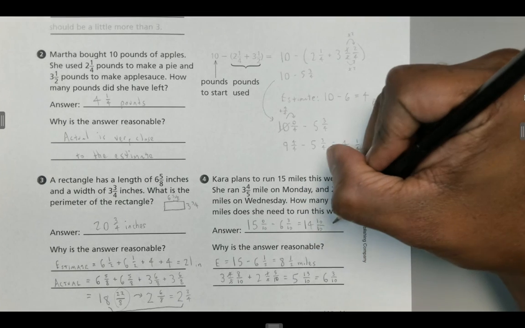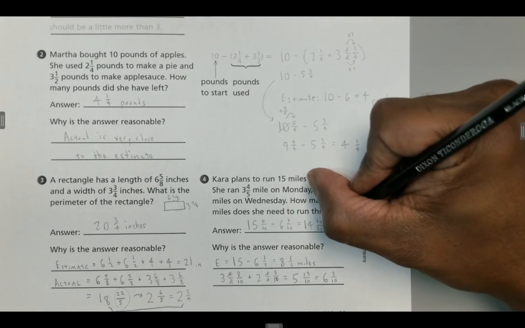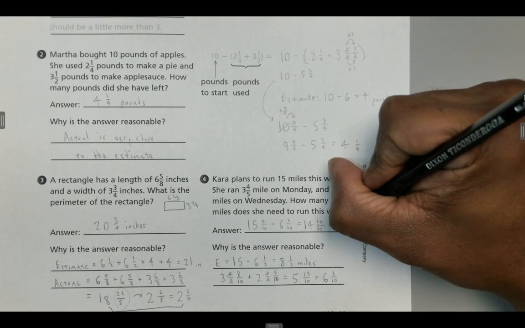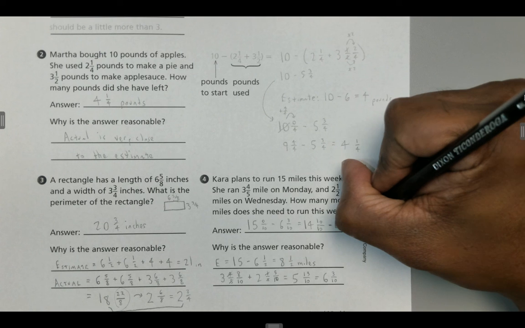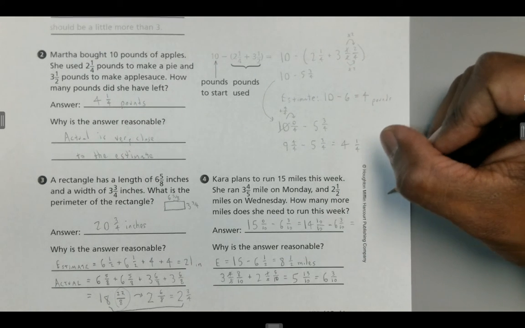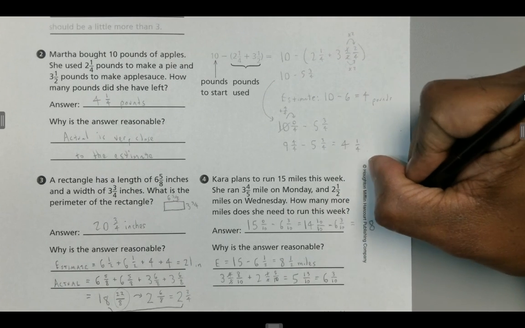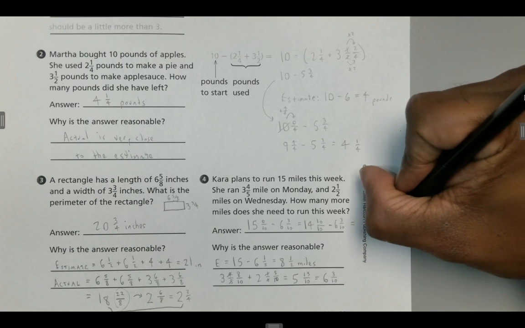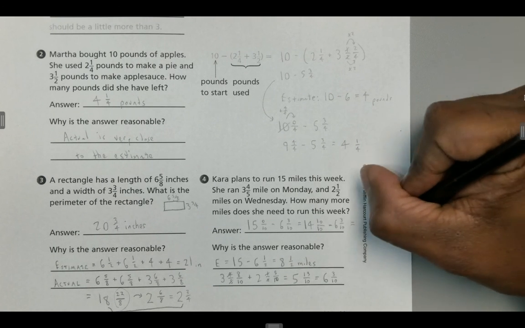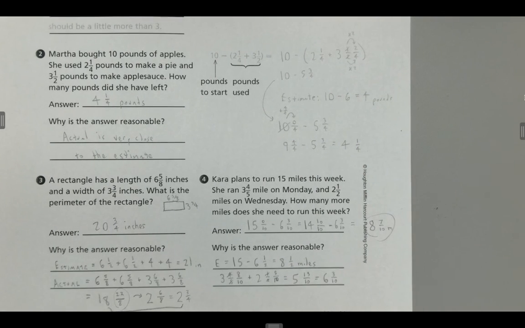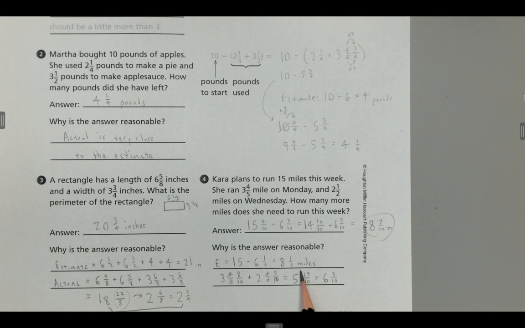I have regrouped 15 as 14 and 10 tenths minus 6 and 3 tenths to get my actual answer of 8 and 7 tenths miles. Very close to our estimate, therefore our answer is reasonable.